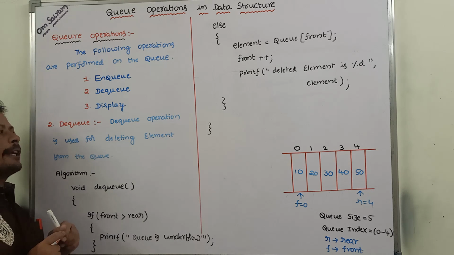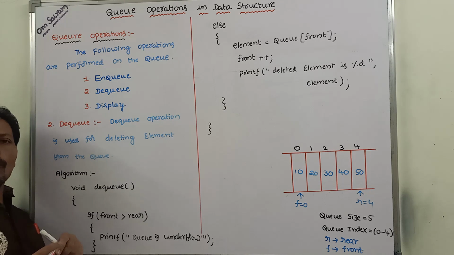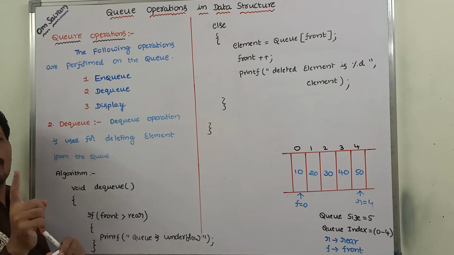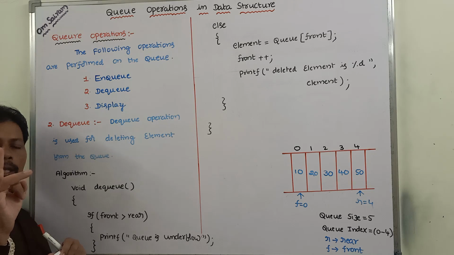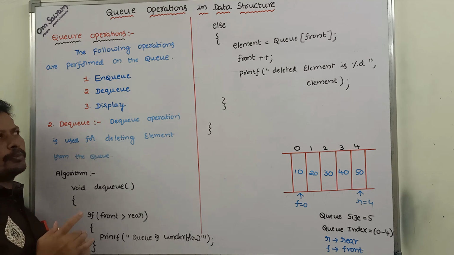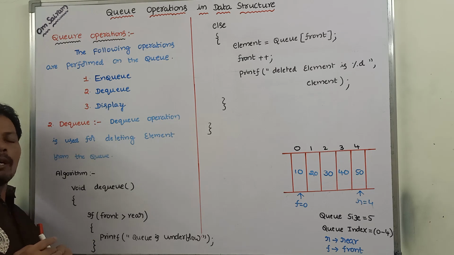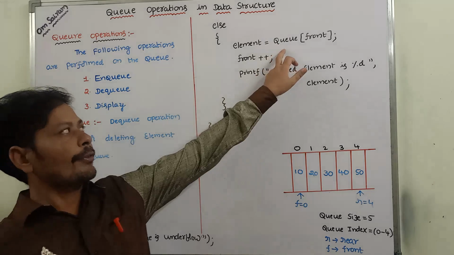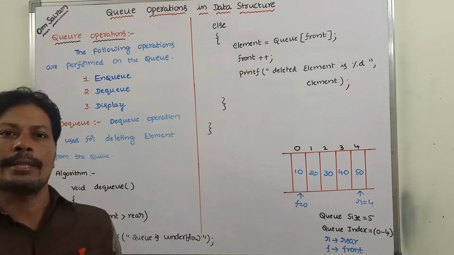Here, while performing delete operation, we have to follow two steps. The first one is whatever the element that we want to delete, that element can be deleted from queue of front.